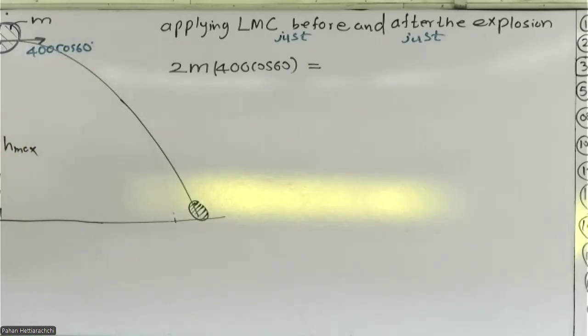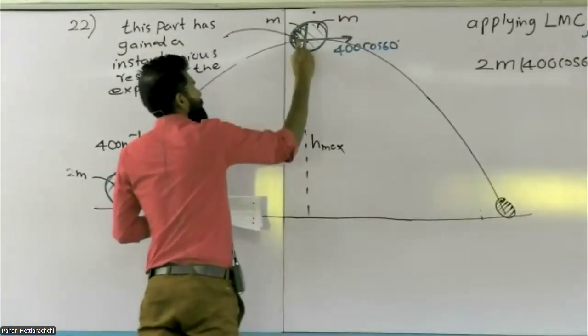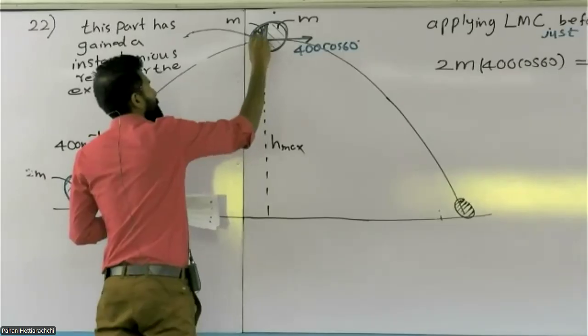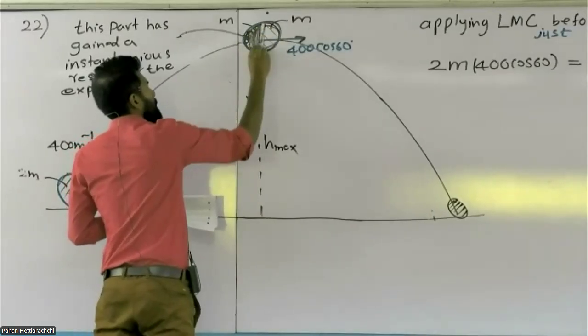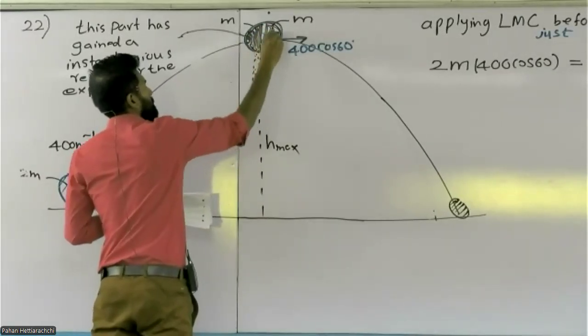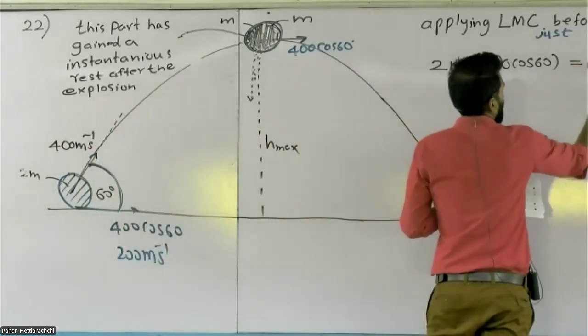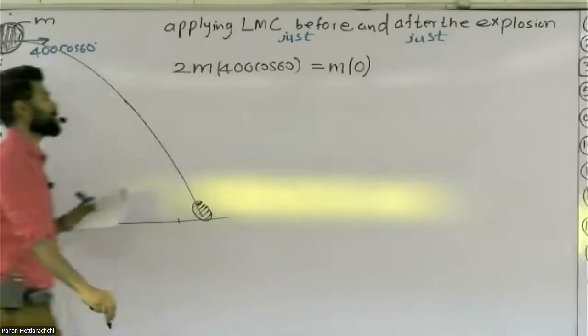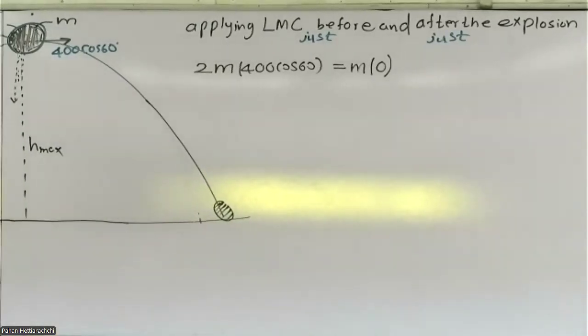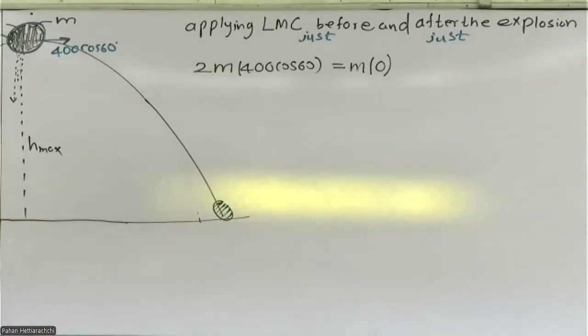But what will happen after the explosion? It will be divided into two parts. One part m will come to instantaneous rest. That's why it fell down from there. If it had gained a velocity due to LMC, it would have a projectile motion with that new horizontal velocity.